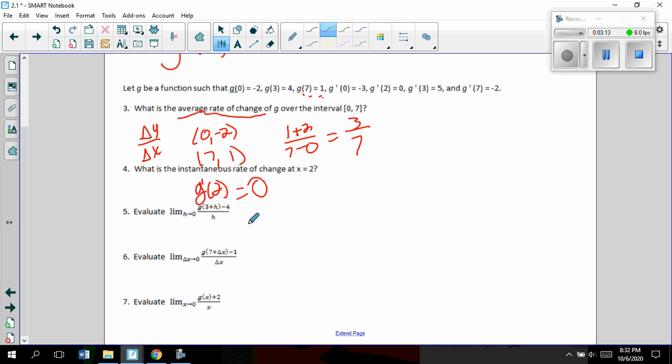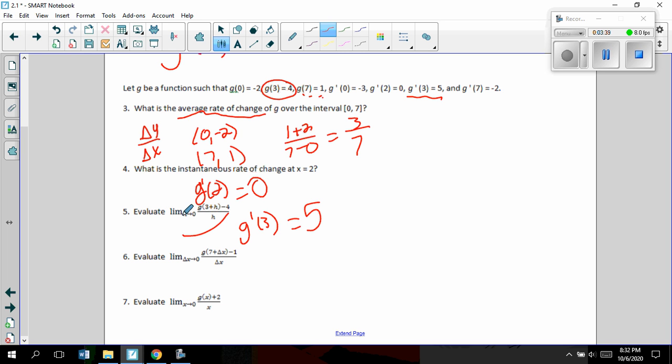I can see that I'm taking it of G, and this is the A plus H, so I am taking it at 3. Now, if you're wondering why there's a 4 there, it's because G of 3 is 4, so here's plugging in the A value, the 3, and that's where the 4 comes from. Now I look up here and say, G prime of 3 is just 5 from right here.